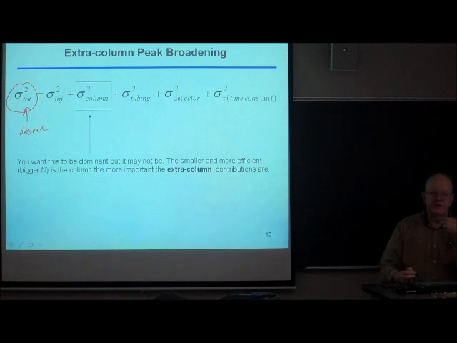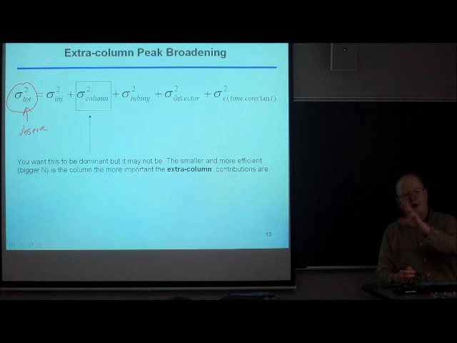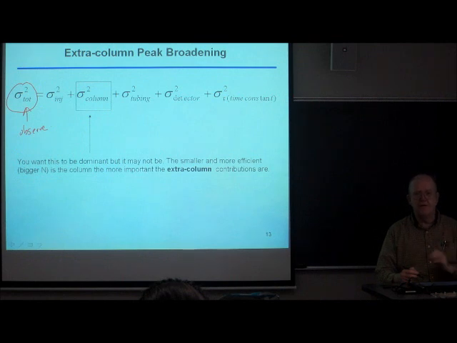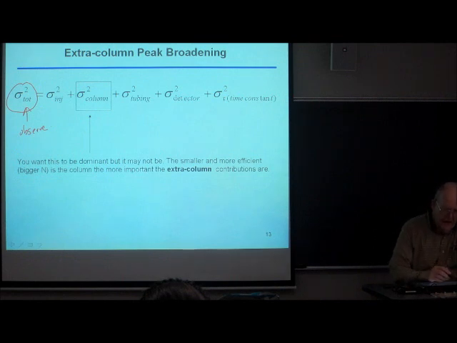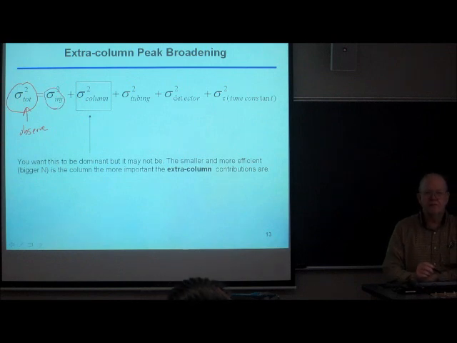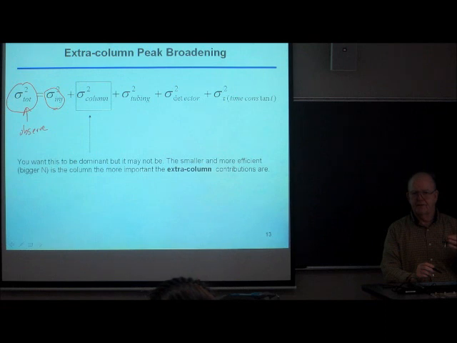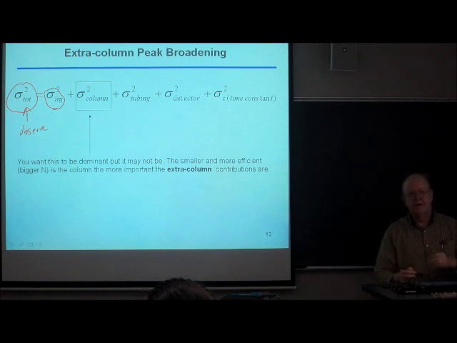Sigma squared total is the total variance that's plotted out by your data system. That is equal to the sum of the square of the contribution of the injector to the variance, the column, the tubings, the detector volume, the detector time constant.